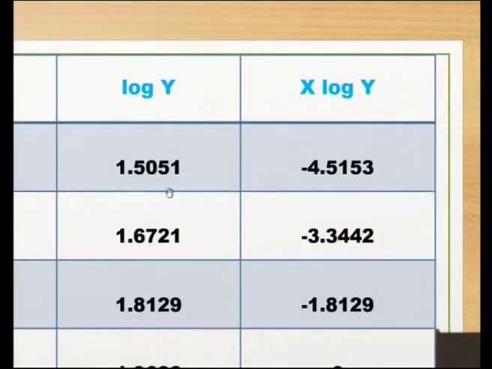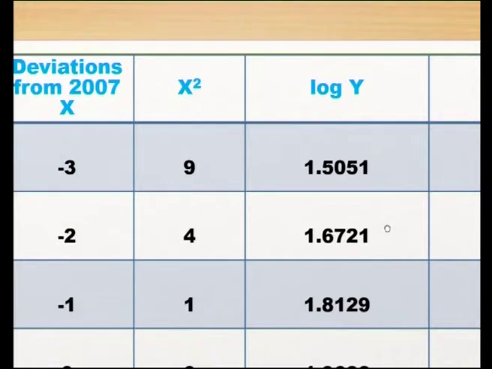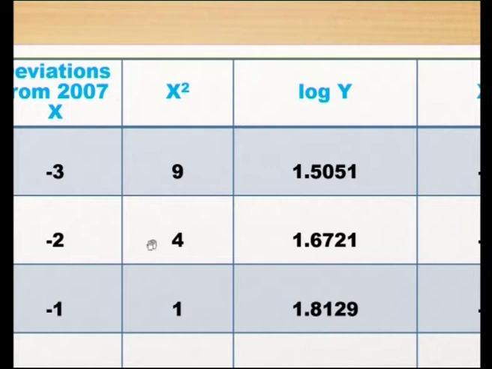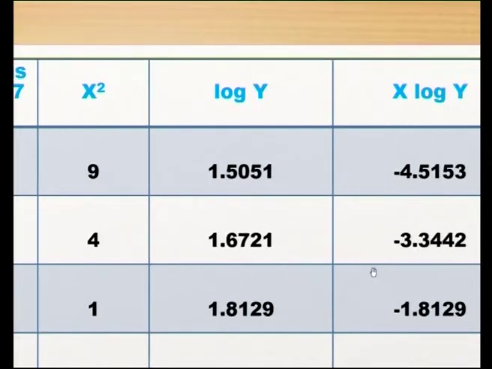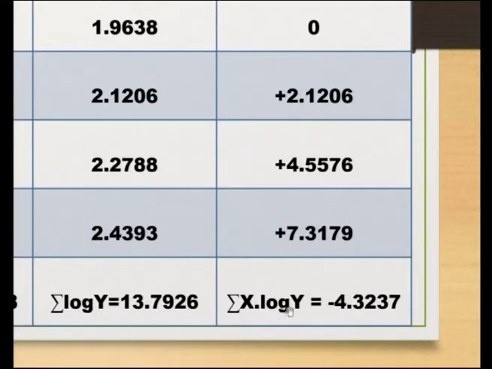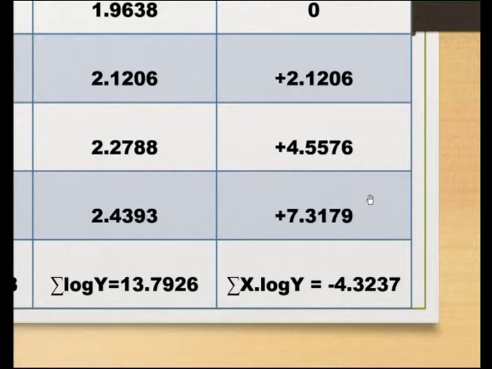Then x into log y: the x value is minus 3, so minus 3 into 1.5051 is minus 4.5153, then minus 2 into 1.6721 is minus 3.3442. Like that x log y is calculated, and then their summations are written here. Summation x square is 28, summation log y is this total, 13.7926, and summation x into log y is minus 4.3237.